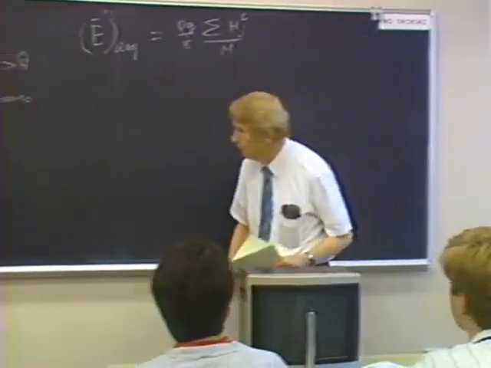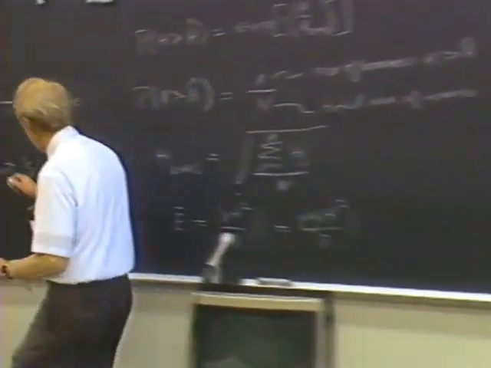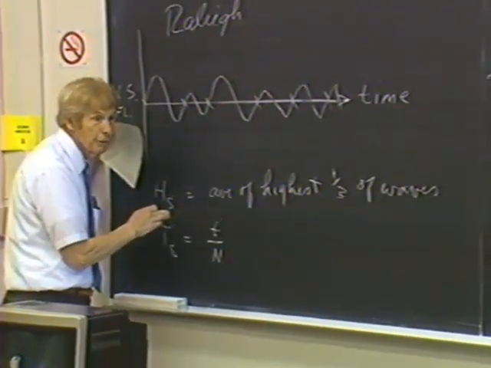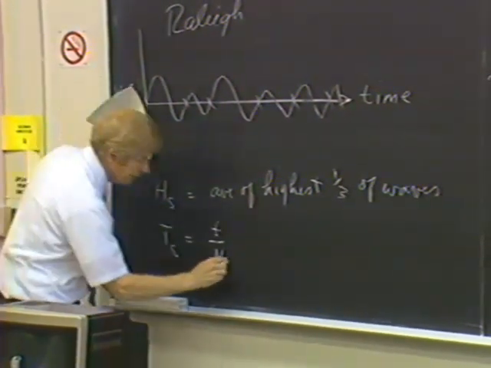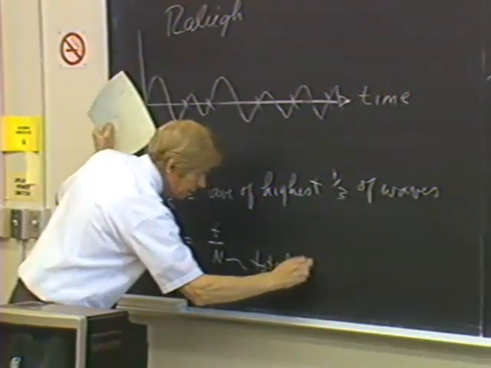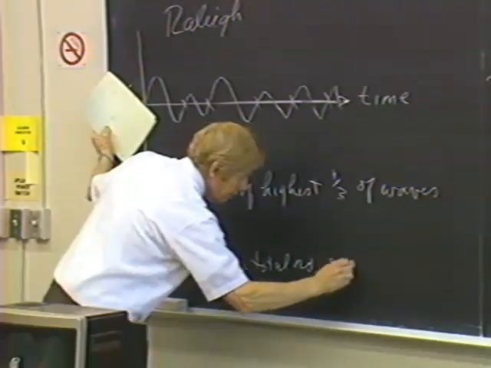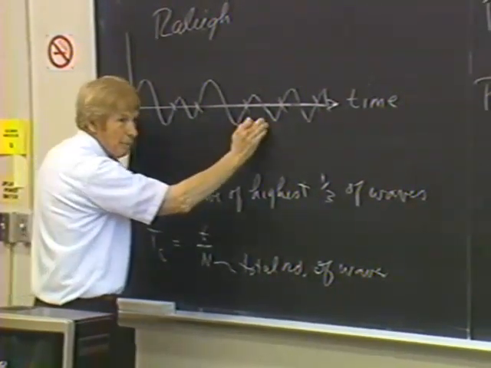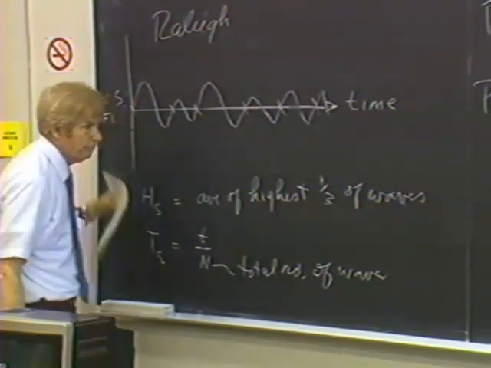Total number of waves. The significant waves are just the highest 1/3 of the total number. So this is the total number you count in your sample by counting across it.